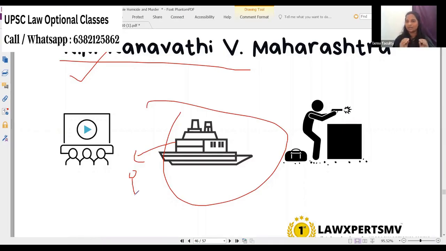Immediately, Nanavati was very angry, but he did not show it. He took the wife and the children and left them in the cinema hall. Then he secretly moved out, went to the dock of his ship and got a rifle, went to the hotel where the victim was staying and shot him dead. Once the police caught him, he pleaded grave and sudden provocation. Whether he falls under this category, grave and sudden provocation?